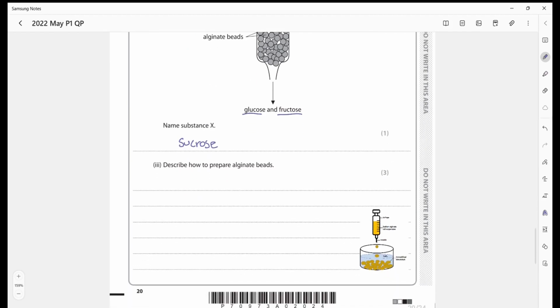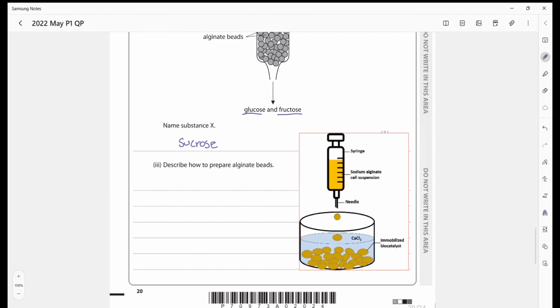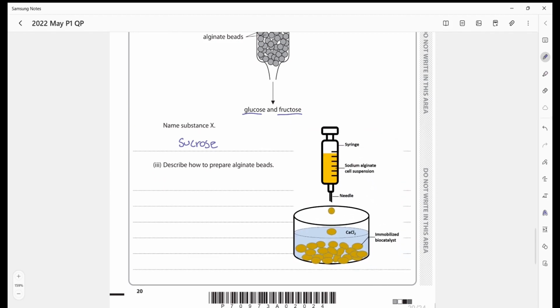All right, let's do the third part. So I've included a little diagram here. This is the closest diagram that I could find. So just ignore the cell suspension part. So here, this is how you go about preparing alginate beads. Number one, you would make a sodium alginate solution.